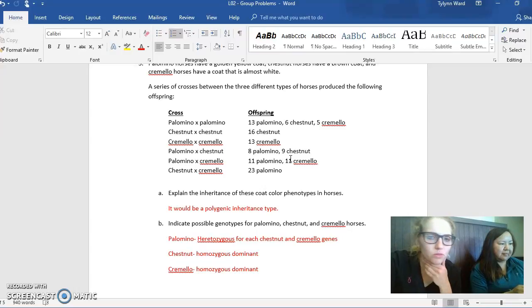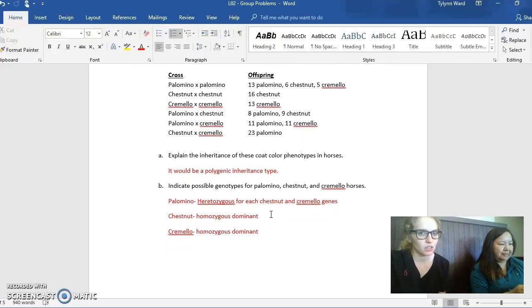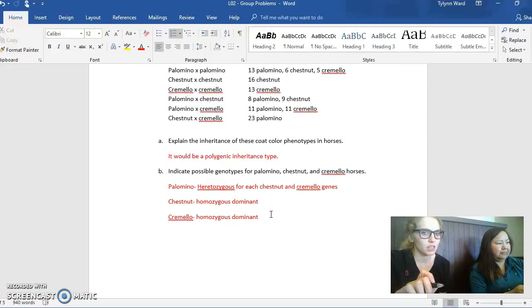I think that's how she was asking us to answer it. It's a polygenic inheritance because there are different allele types, right? It's like the other one, like one is greater, has more influence than the other. And so then the chestnut and the cremello would both be homozygous dominant.